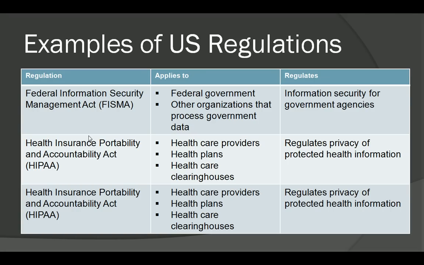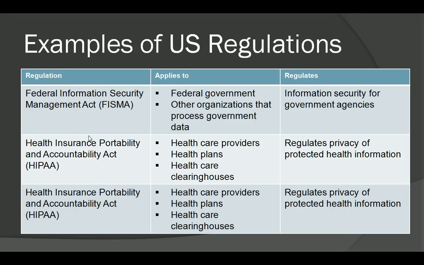As far as regulations go, here are some examples of U.S. regulations. There are a lot more, and if you look in your textbook, you'll see a bunch. I just picked a couple to show you. Really, there are two here; sorry, the third one is duplicated. The two they talk about in our book are FISMA and HIPAA.